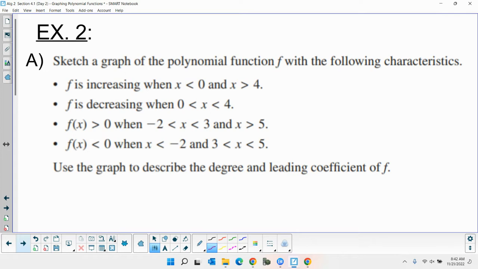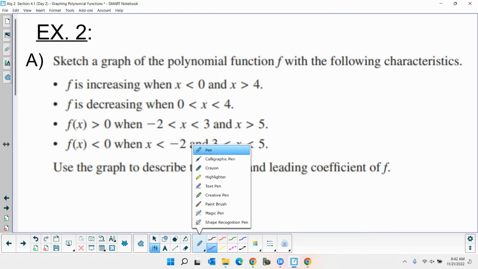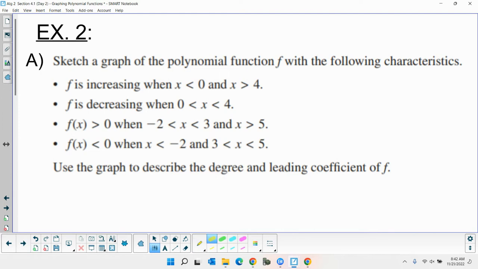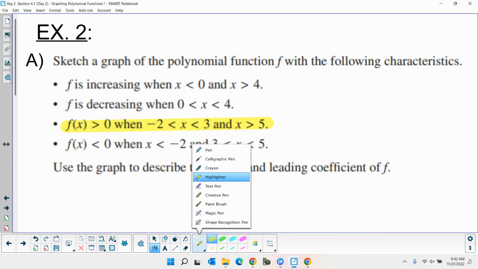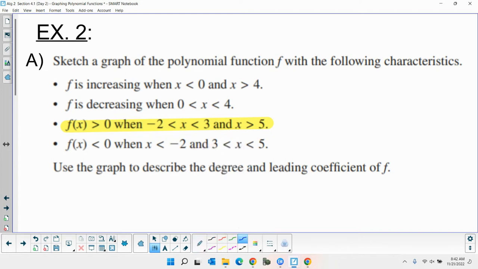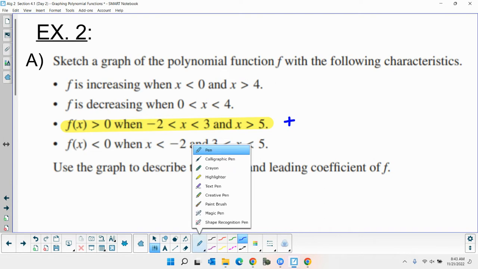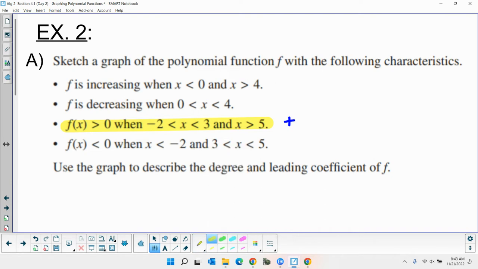So let's use a highlighter, and let's do when it's positive. This is the positive one. We did that in what color over there? Blue, right? Just now. So this is when it's positive. Then we'll highlight it with a different color for when it's negative.